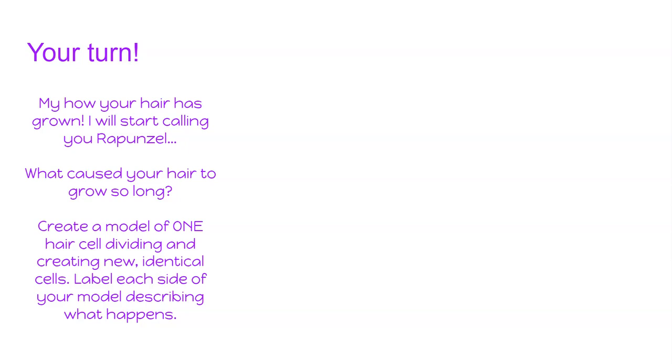You can check back on the previous slide to see how we labeled each one of those cells. So what you will do is create your hair cell using any shape, and then it will divide and create identical cells. When you finish your model, be sure to submit it on Seesaw.